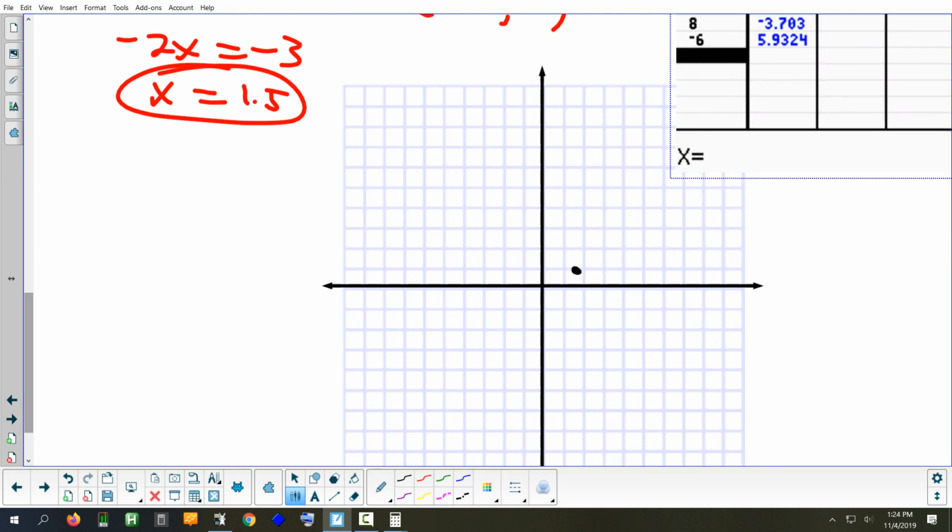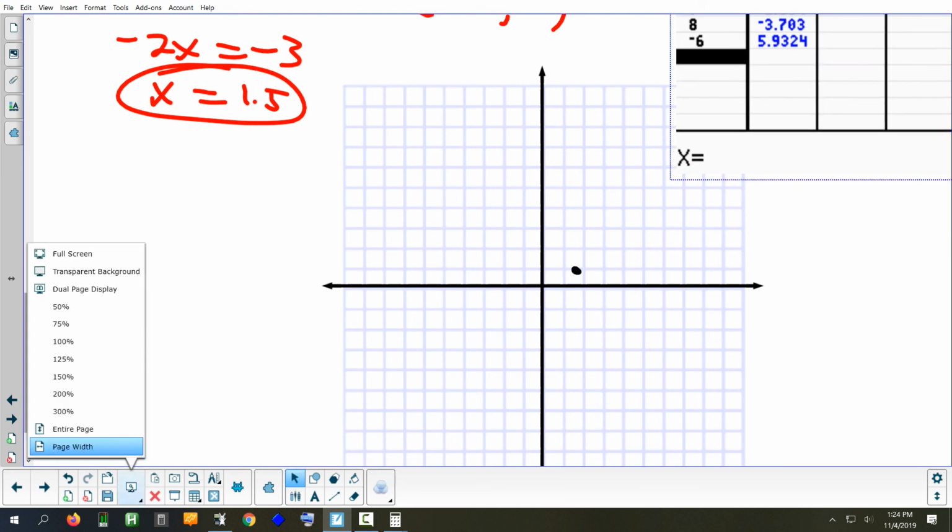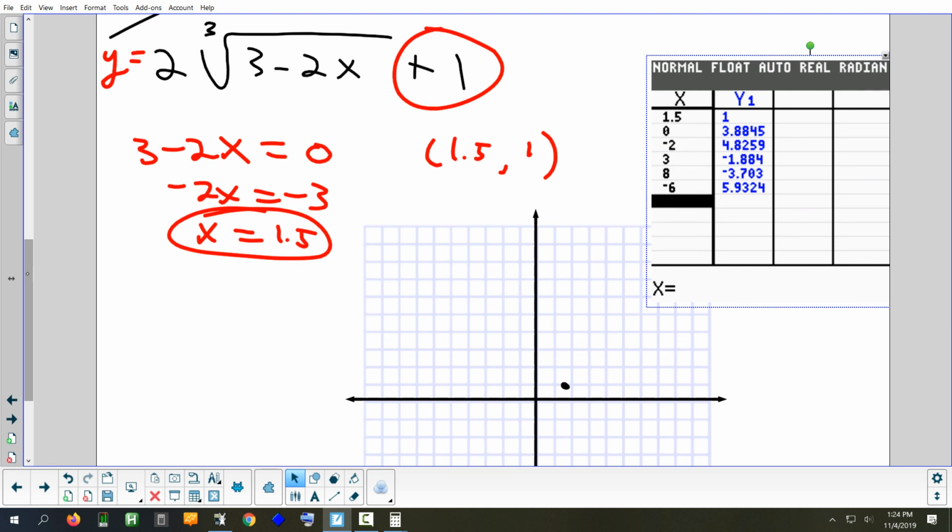Okay. Let's move that up, make that a little smaller and see what we got. All right. 0, 3.8. -2, 4.8. 3, -1.8. So it gets pretty steep in the middle.